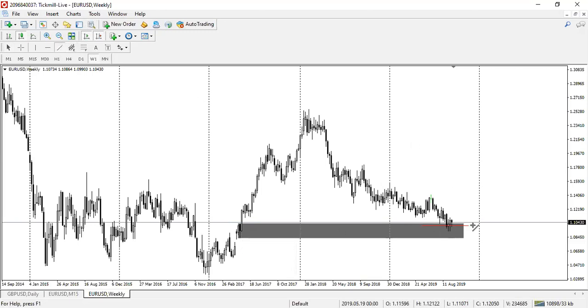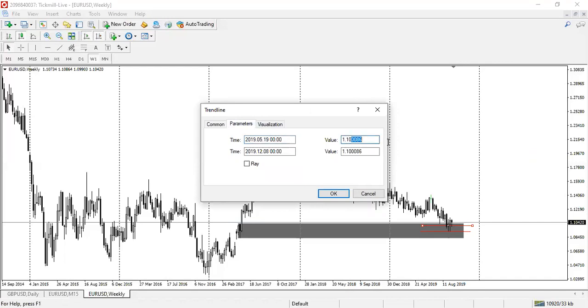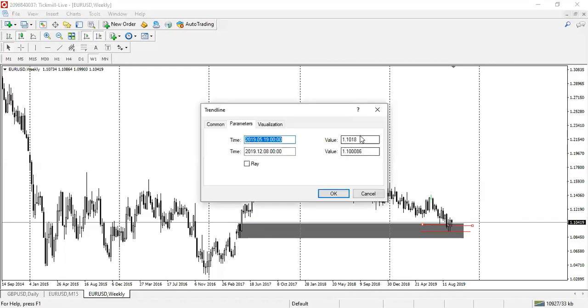So I have two lines here, this one, and I can just populate another one from this one here. So the opening price of this candle is 1.1018. So I change coordinates for this trend line, 1.1018 here. 0.18, yes, there you go.